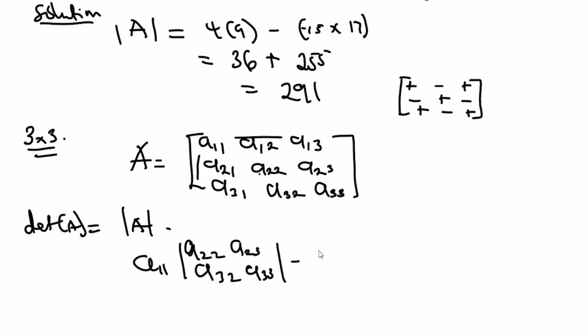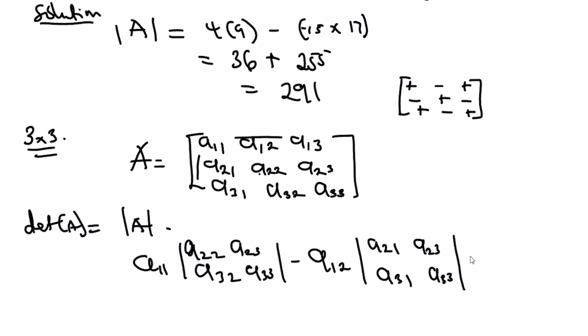So the next entry is A12. When we cancel row and column, we have A21, A23, A31, and A33.